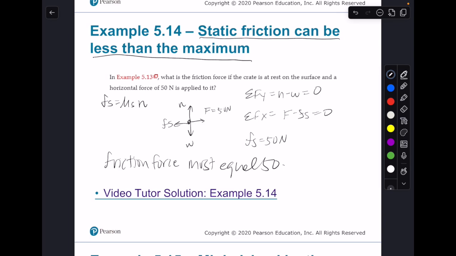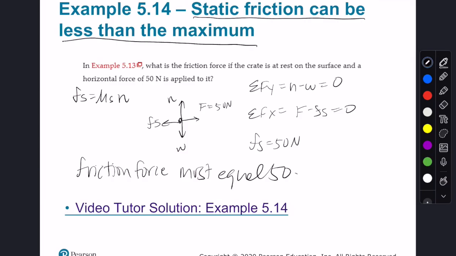And the value or the magnitude of the static frictional force is going to equal whatever force is being applied before it moves. And what's the mathematical reason for that?